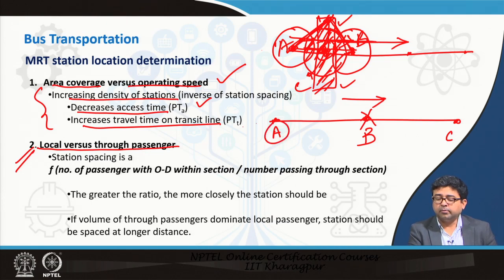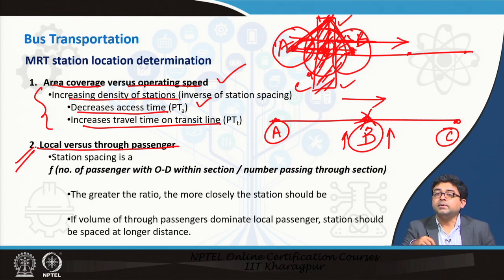You have already boarded the transit line and it does not matter to you whether this transit stop is there or not, because you want to get down at C. So, at this location you are a through passenger, whereas there are many people who may want to board at that station. For those people, they are local passengers at that station.